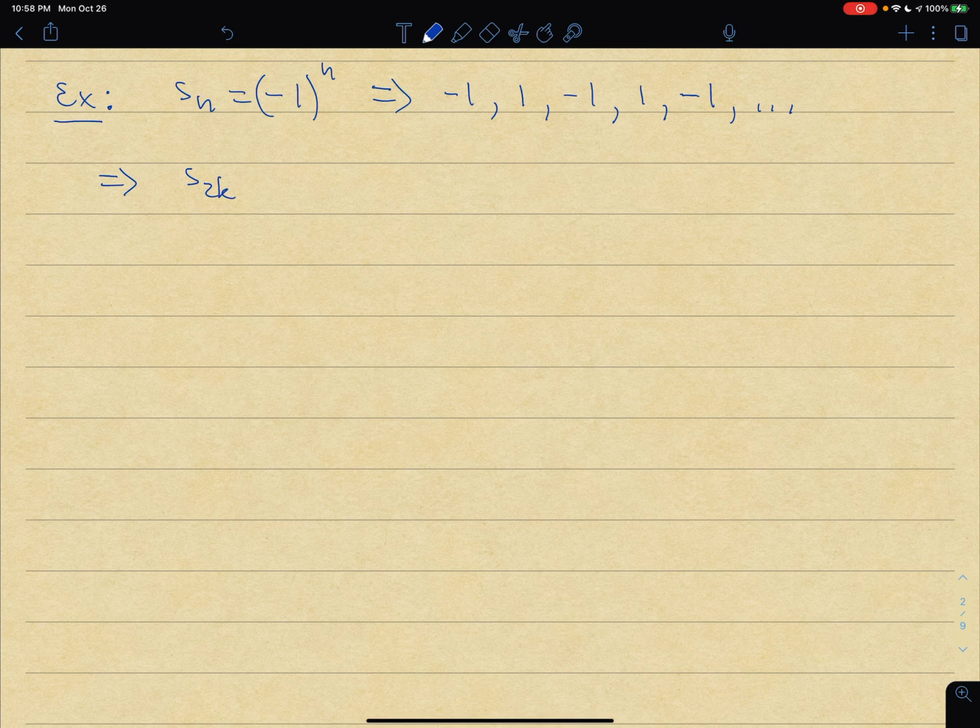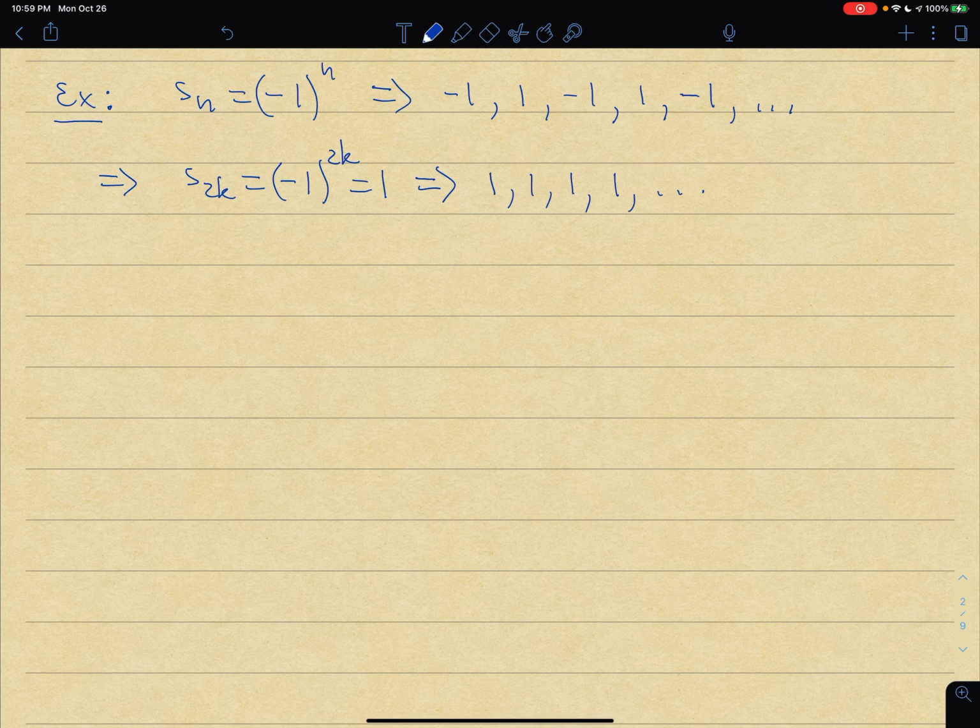Because if k goes from 1 to infinity, then 2k will go from 2 to infinity, going through all even integers. So what is S_2k? That is going to be minus 1 to the 2k, and minus 1 to an even power is always 1. So S_2k will look like 1, 1, 1, 1, and so on.